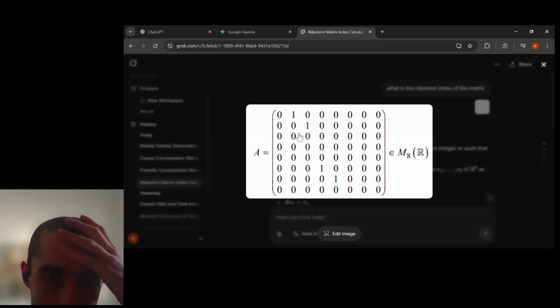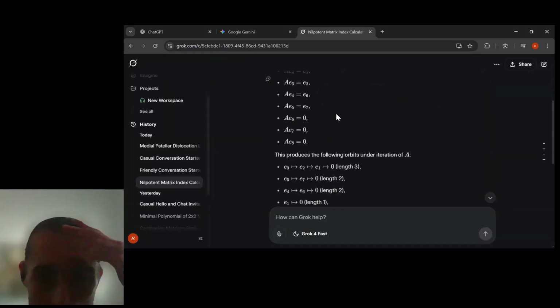It takes E2 and shifts it to E1. It takes E3 and shifts it to E2. It takes E4, because this is the fourth column, and shifts it to E1, and shifts E5 to E7, right? Okay.